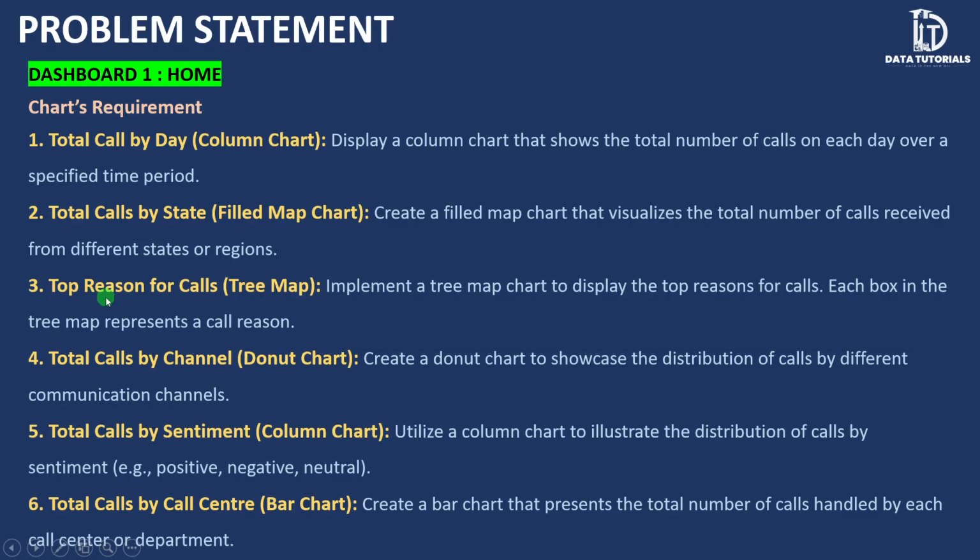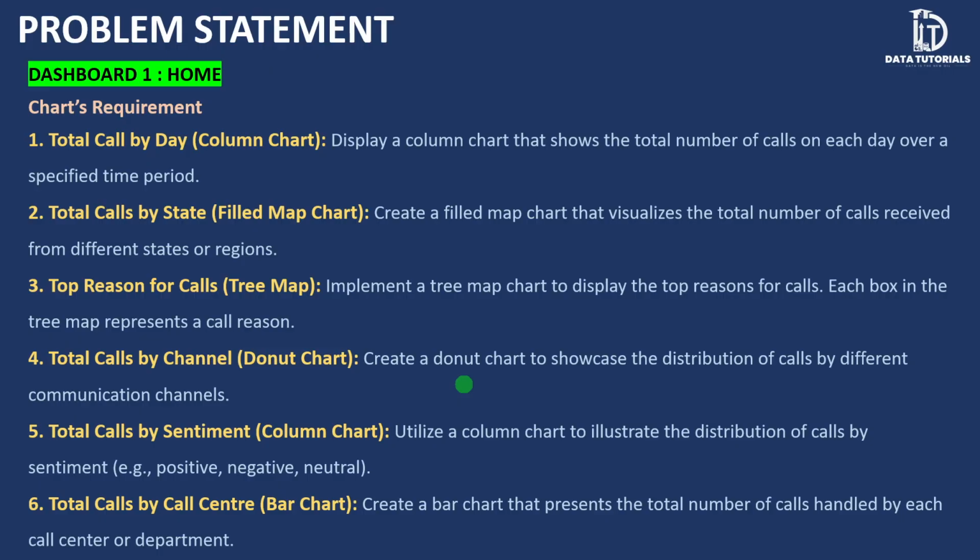The same we are going to see for top call reasons, and here we are going to see it in the form of a tree map. Then we have to find out total calls by channel. Channel is nothing but the medium through which the call center gets complaints from customers, like a call, emails, or faxes.